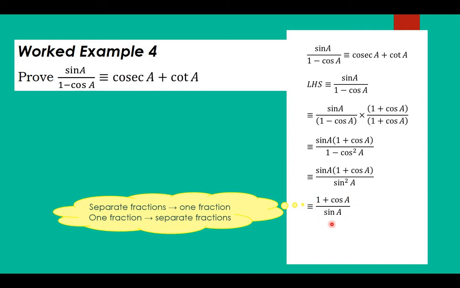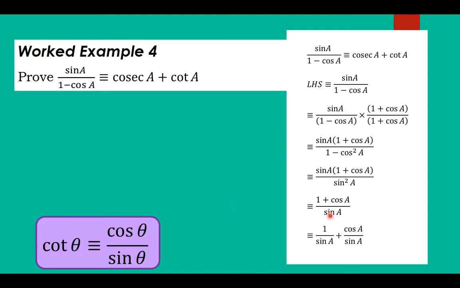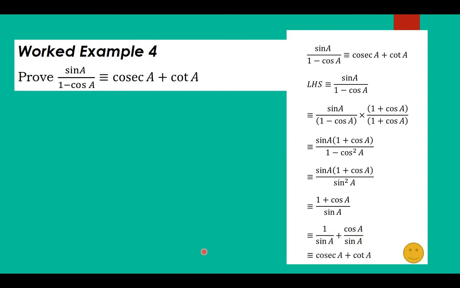But if we have a single fraction, one option is to split it up into 2 parts. Okay, so over the same denominator. Now we know that 1 over sine is cosec, and cos over sine we have now learnt is cot. So we get the answer.